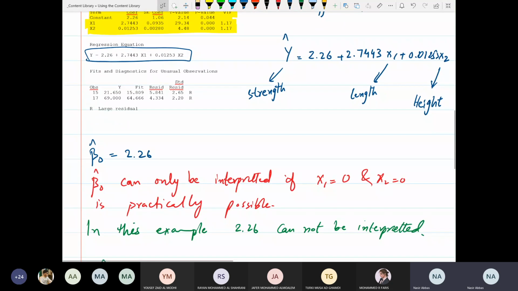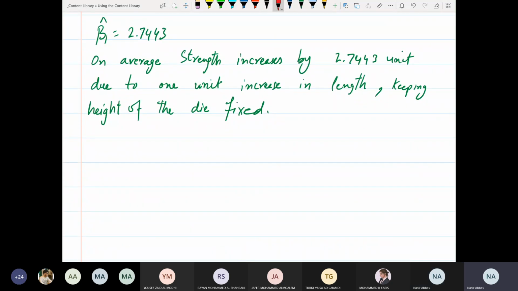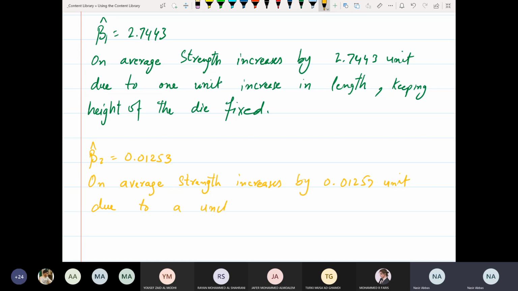Similarly, your beta 2 hat is 0.01253. So you will say on average, strength increases by 0.01253 units, whatever the units of strength is, due to a unit increase in the height of die, keeping length of wire fixed.